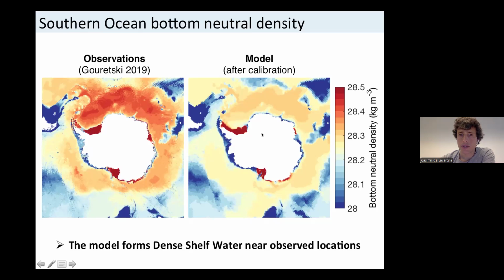That was a surprise, and if you look closely, you can see that it actually does propagate downslope from these regions. So we have very little open ocean convection, and we do have 4 different sites of dense shelf water production, like in the real world.